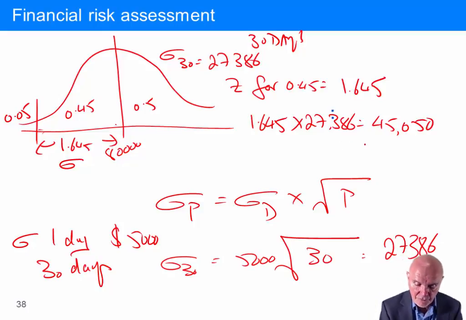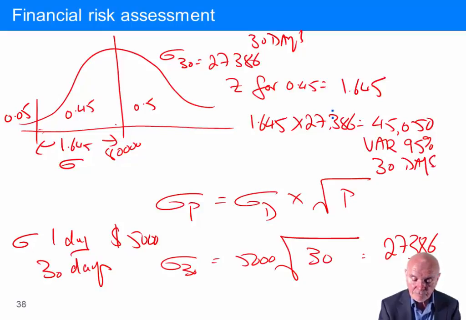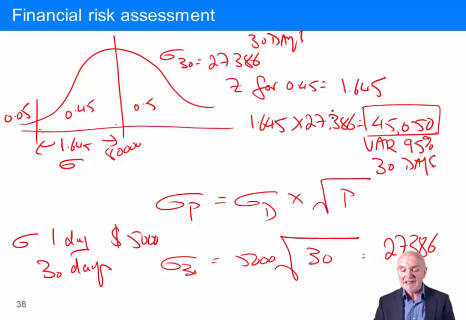This is your value at risk to the 95% confidence level for 30 days. What that means, if you hold your investment for 30 days, it's jiggling up and down, there's only a 5% chance that you will lose more, or its value will be less than, you lose more than 45,050 over the 30 days.